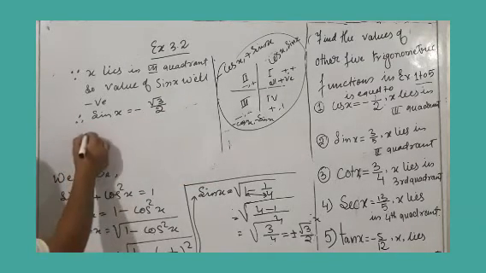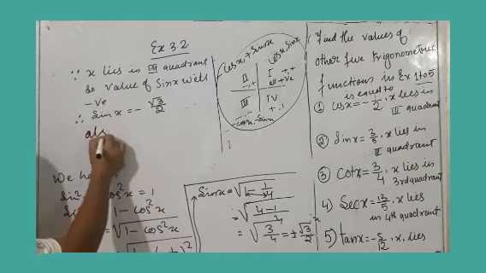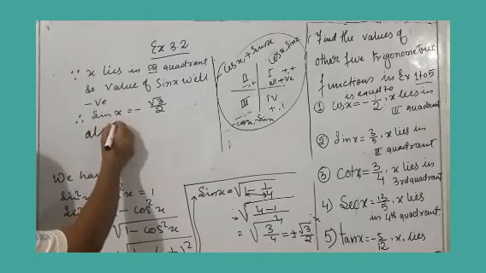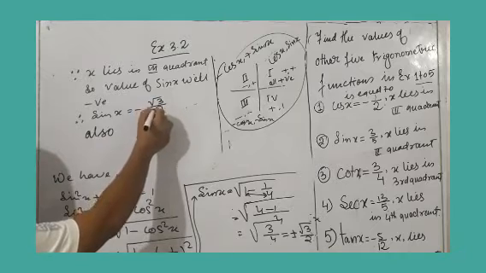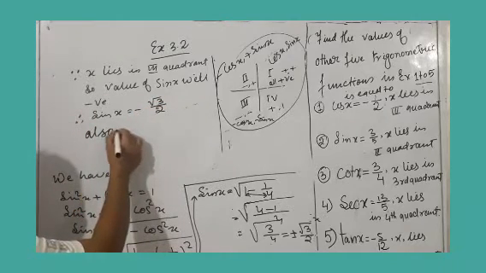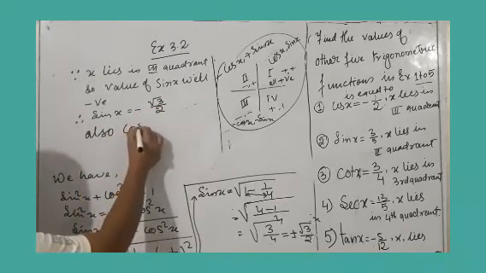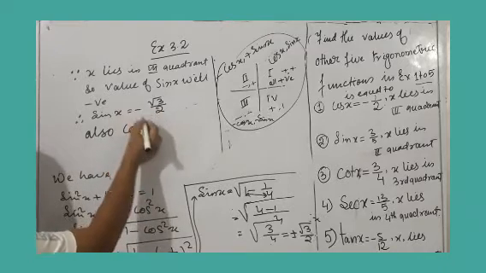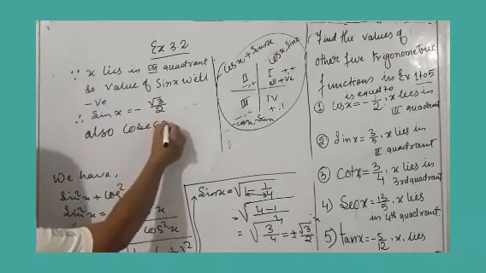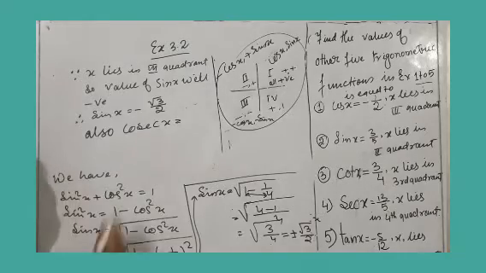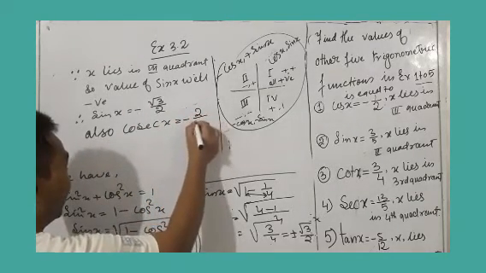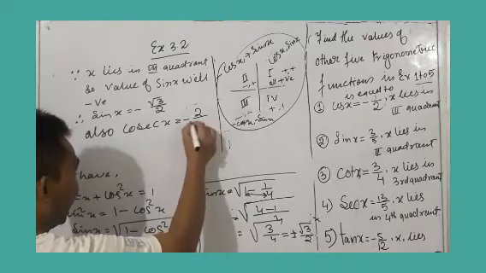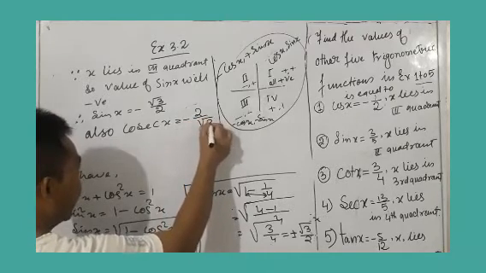And then, since we have got sin x equal to minus under root of 3 divided by 2, we know cosec x also. If we know sin x, then we know cosec x. It will be just the reverse, the opposite of that. So it will be minus 2 by under root of 3.